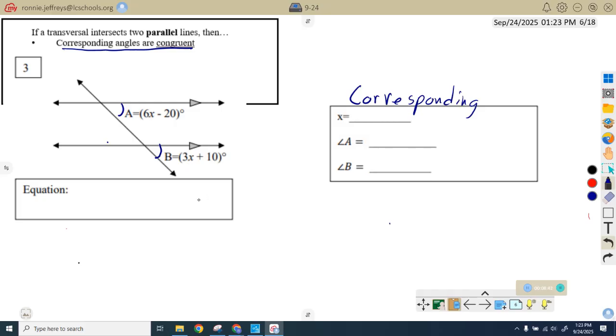If they are congruent, how are we going to set up our equation? Do we add them up to something or do they equal each other? They equal each other.